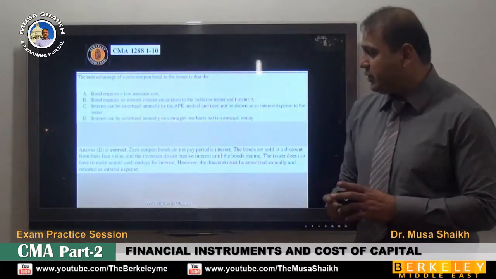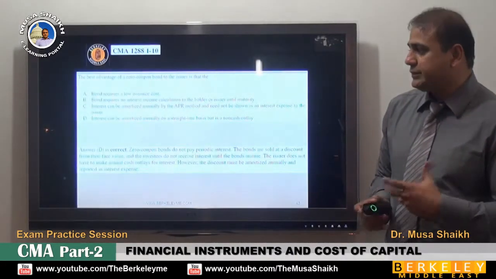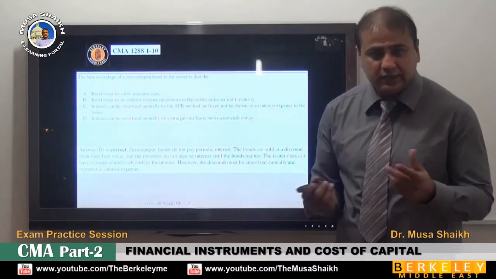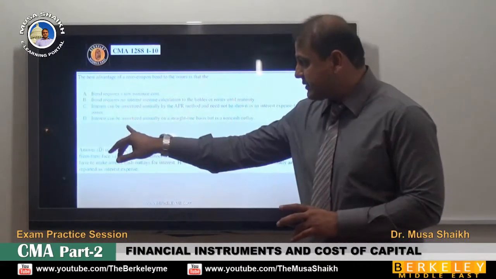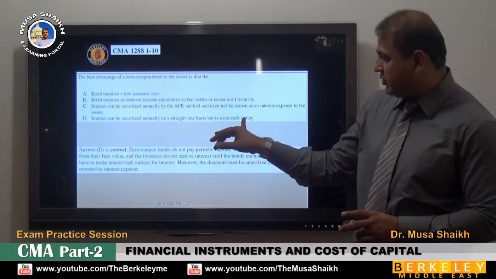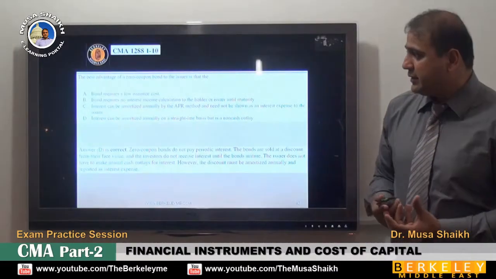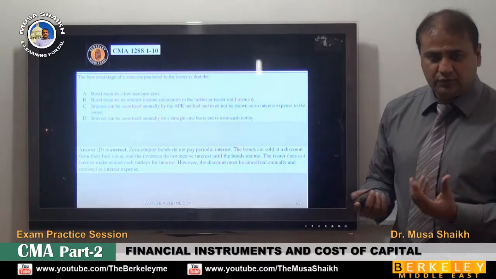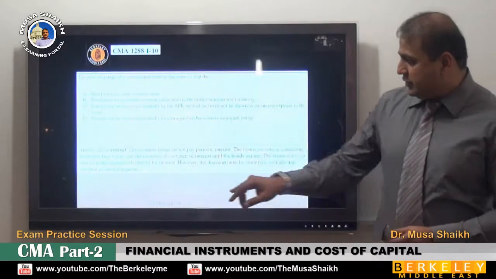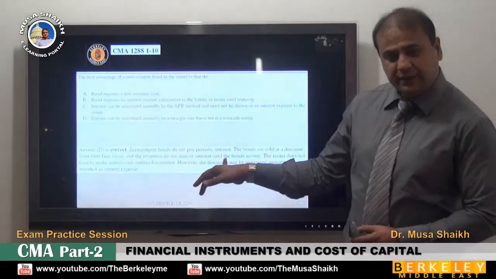The best advantage of a zero coupon bond to the issuer is what? First of all, what is zero coupon? It has no stated interest rate. So the advantage is that interest can be amortized annually on a straight-line basis, but it is a non-cash outflow. Zero coupon bonds do not pay periodic interest.